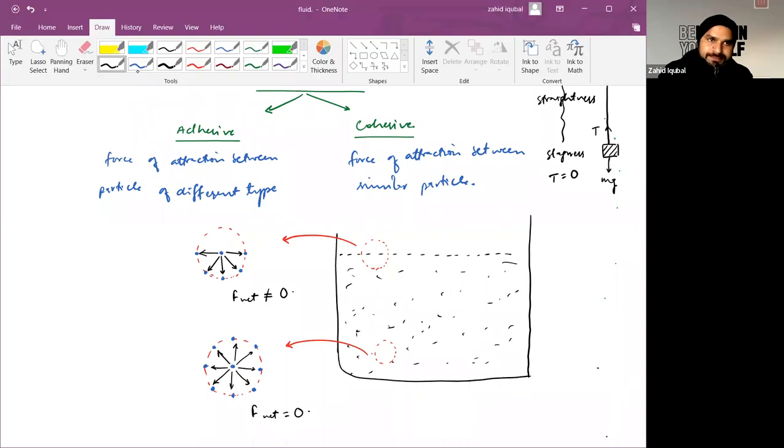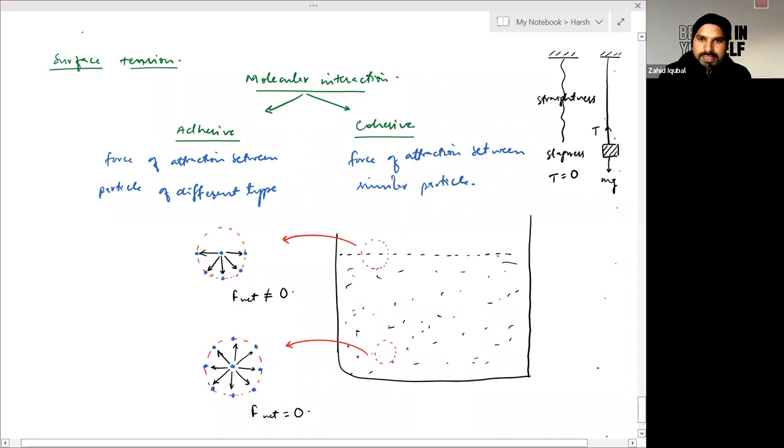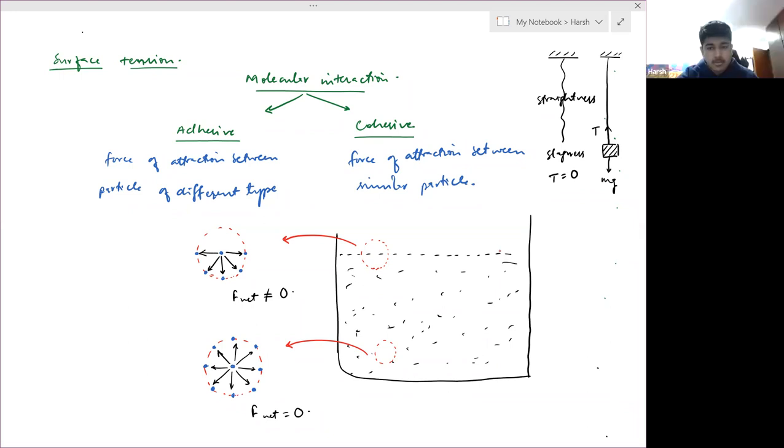Similarly, for this top layered liquid, we can say there is some net force which tries to keep it downward or slightly outward. So it will have some stretched membrane behavior. Is it clear? Yes, sir.